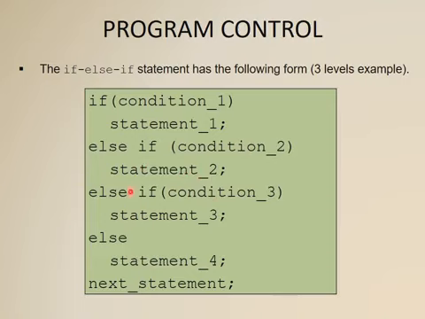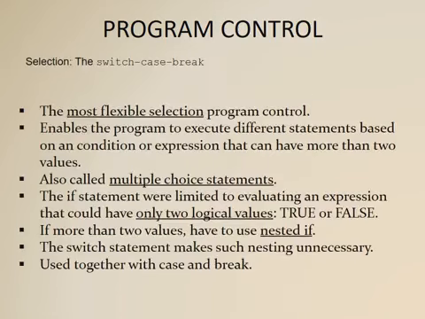If this is true, then statement 3 will execute, and if none of these conditions is true, then it will execute the default else statement, that is statement 4, and finally the next statement. So this is one of the default structures of these if else conditions.